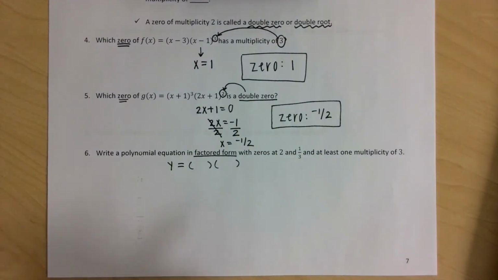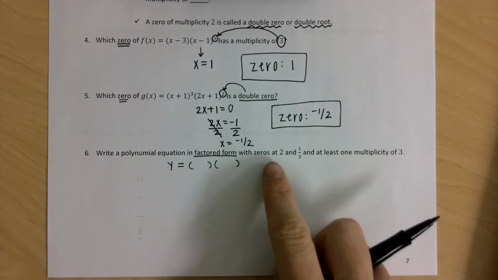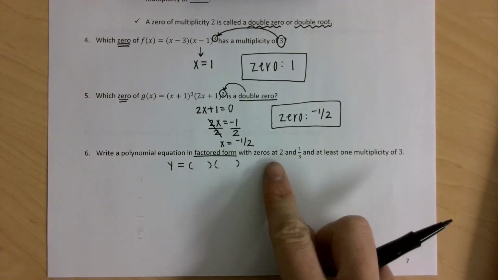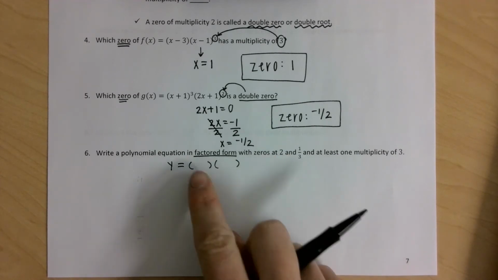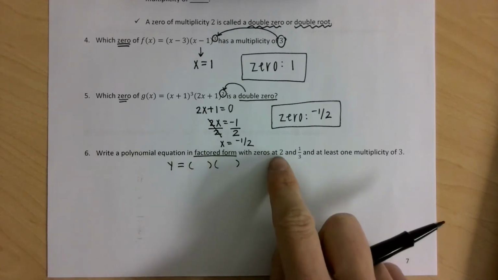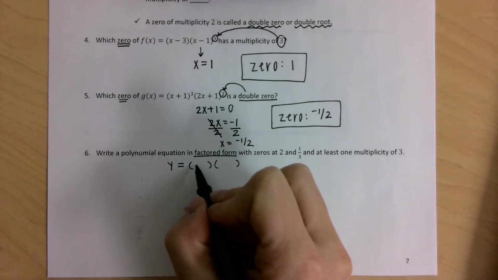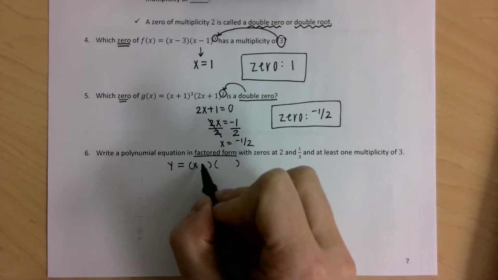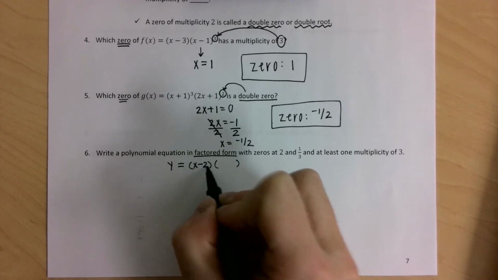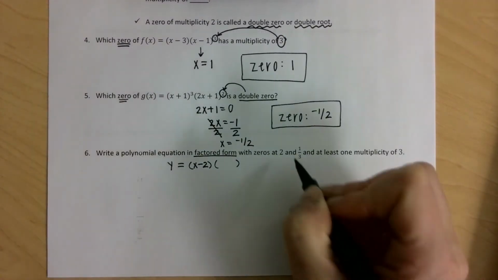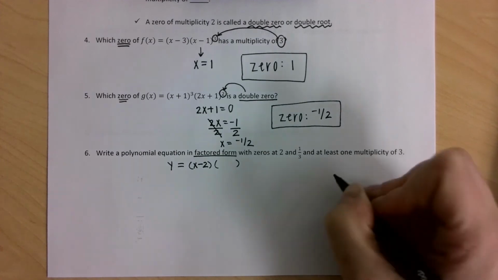It should be y equals, and then we'll have our parentheses. It's giving me the zeros, or where it crosses the x-axis, so you might be able to just plug them in. The 2 isn't too tricky. I know that when I'm going into my factor, it needs to be opposite, so I would make this a minus 2.